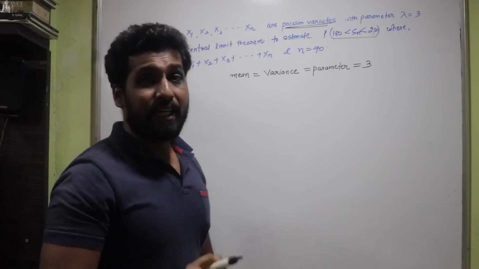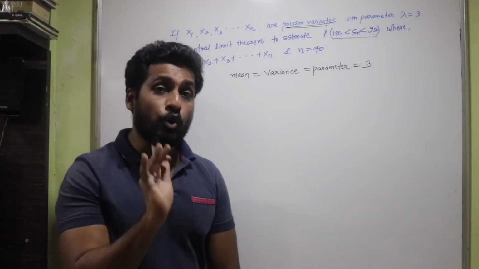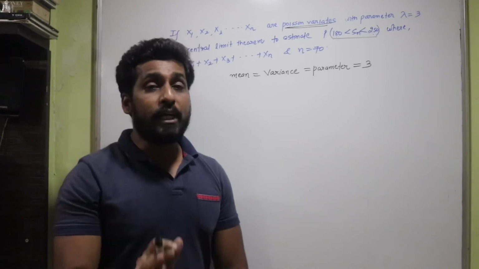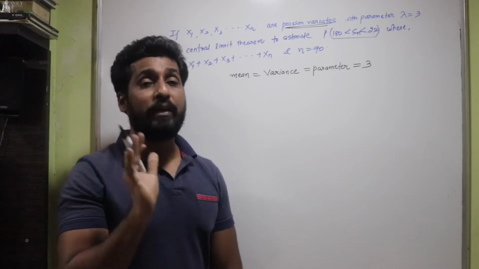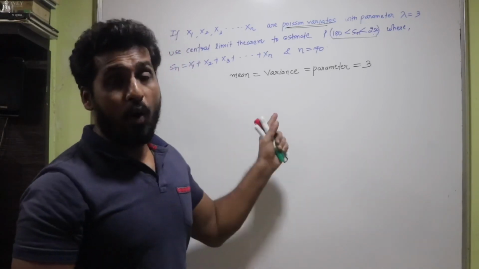Now students, as I said, I'll be using the Lindeberg-Levy theorem to solve this particular question. So you should be aware of what the theorem is. Make sure that you have definitely watched the previous session, because without those definitions, you won't be able to understand how I'm going to solve this question.